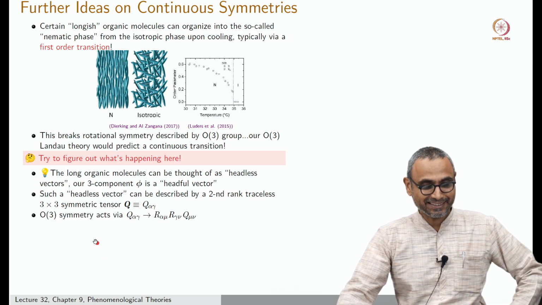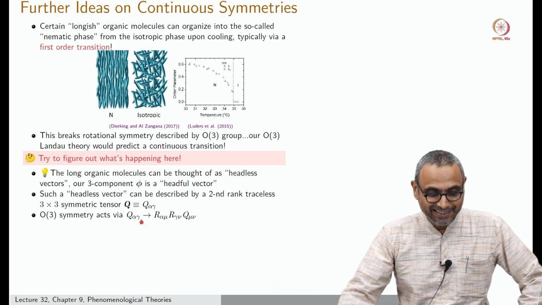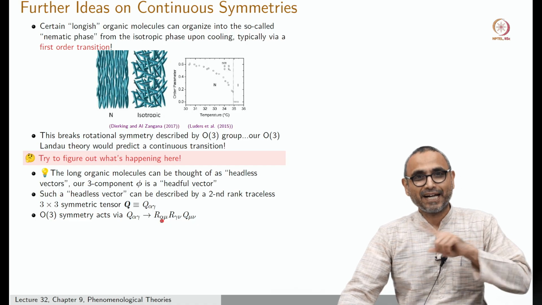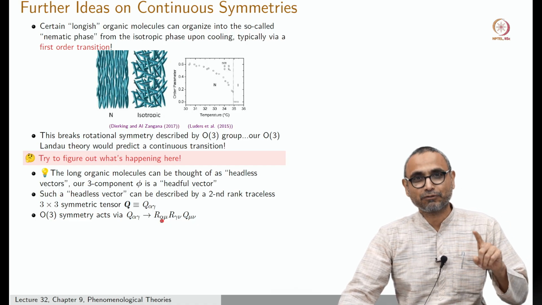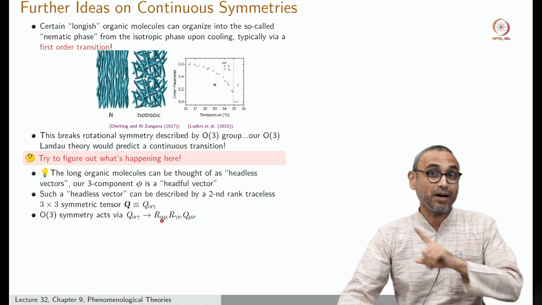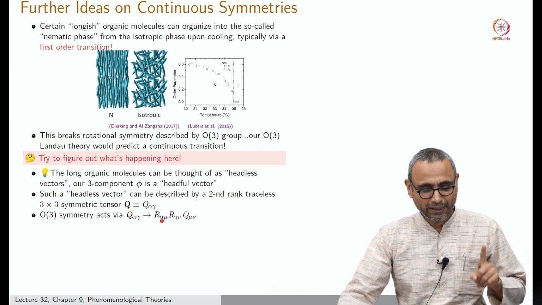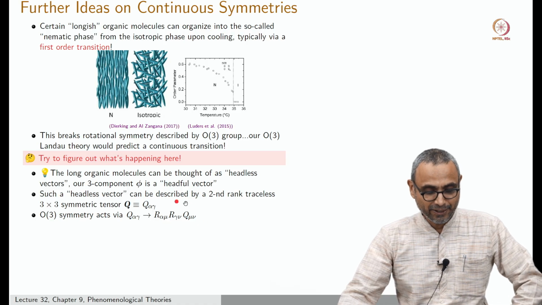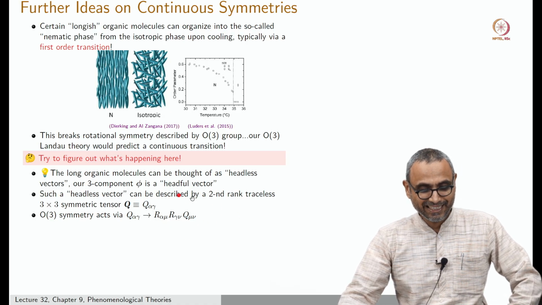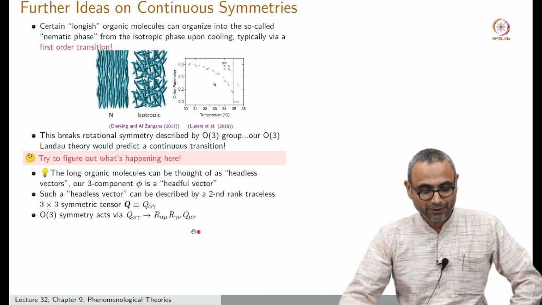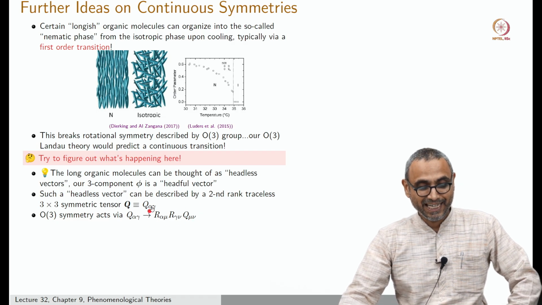The way it would act is Q alpha gamma goes to, if you write it in the matrix form, it will be like R Q R transpose, or R transpose Q R, whichever way you like to think about this. With the way I have written this, it will be R Q R transpose. So that is the way it will transform.